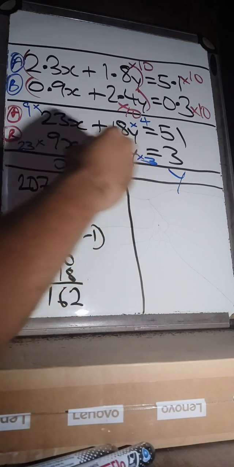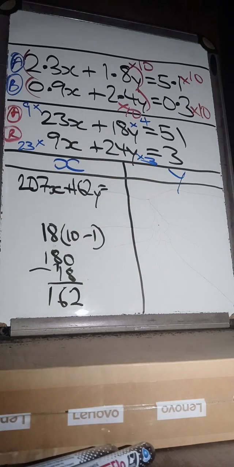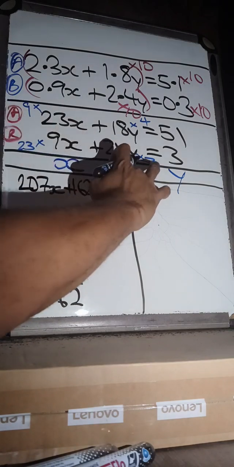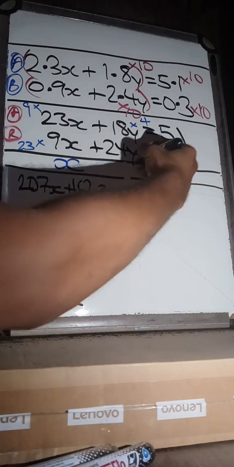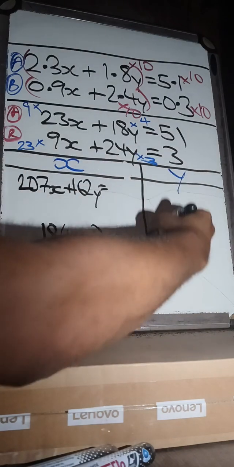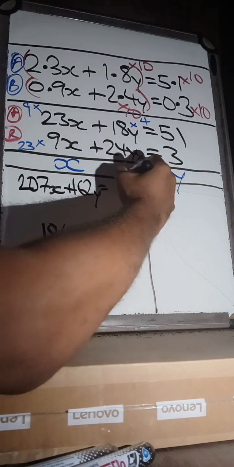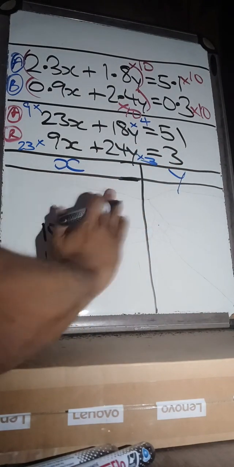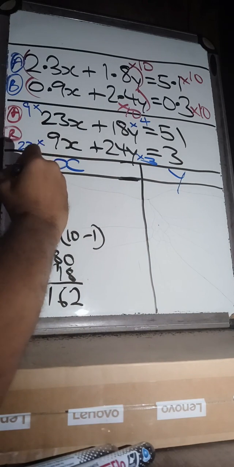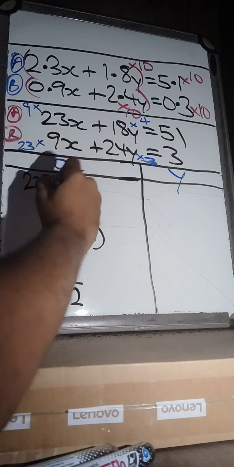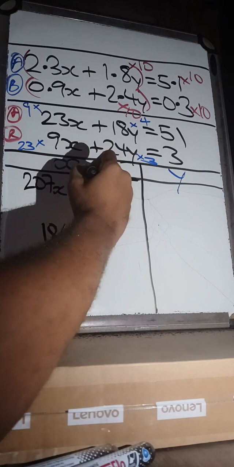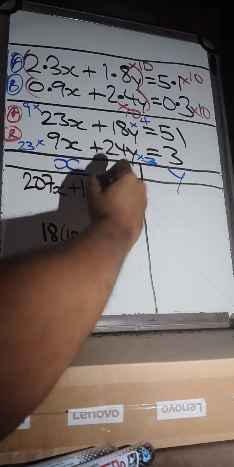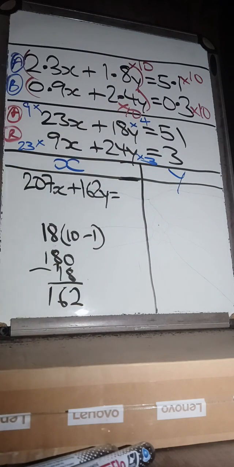y equals, what is it? You know, listen, this is too, move it over a little bit. I'll give myself some more space, yeah? So 207x plus 162y equals what? 51 times 9?